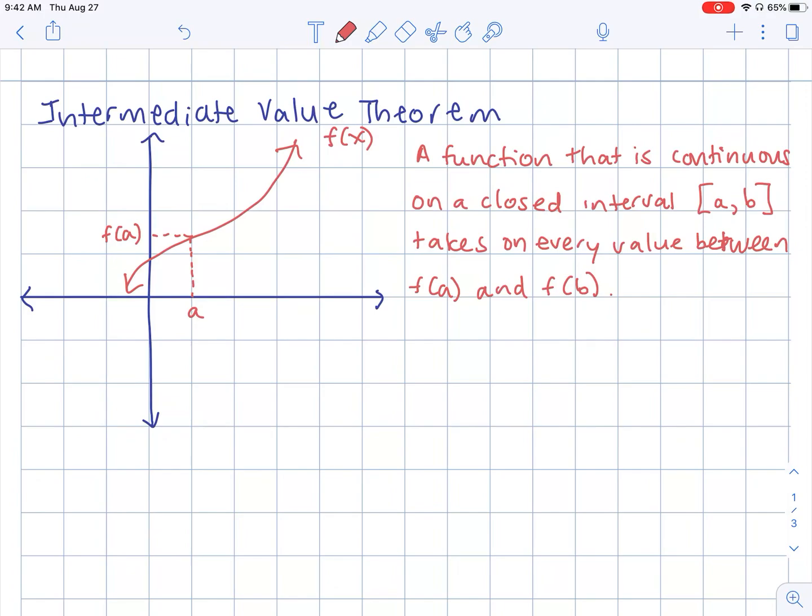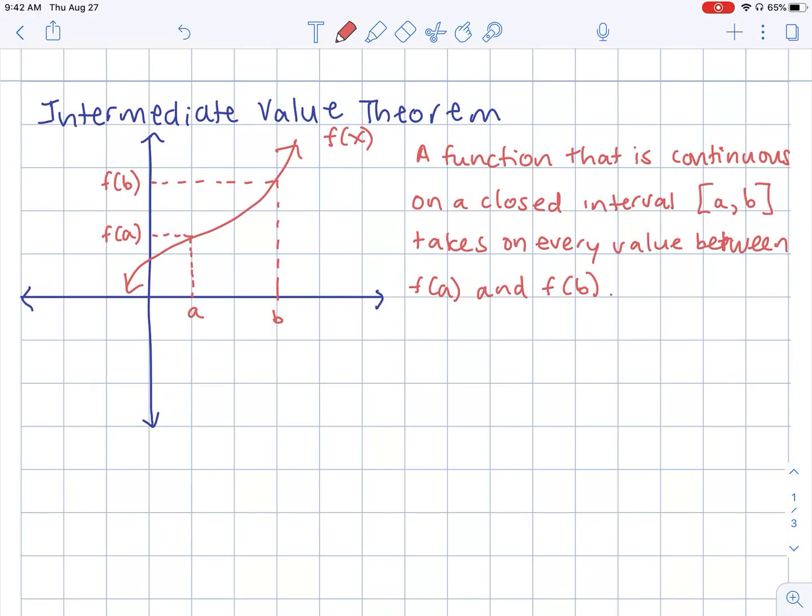And assigning a b value to the right of a, we'll pick an arbitrary point right of a and call that b. So this corresponding point f of b is associated with the x value of b.